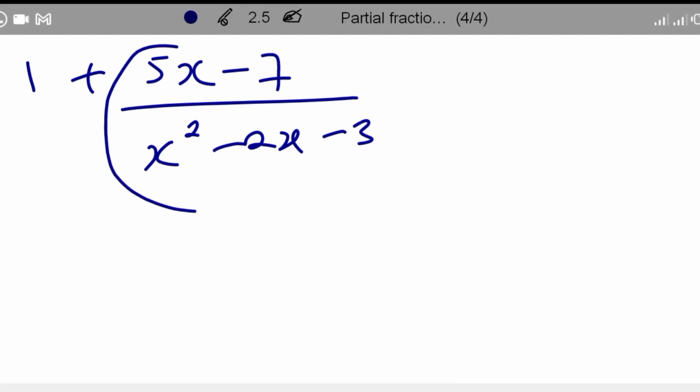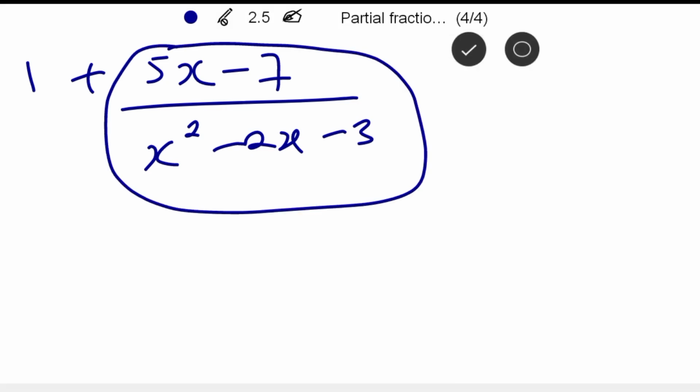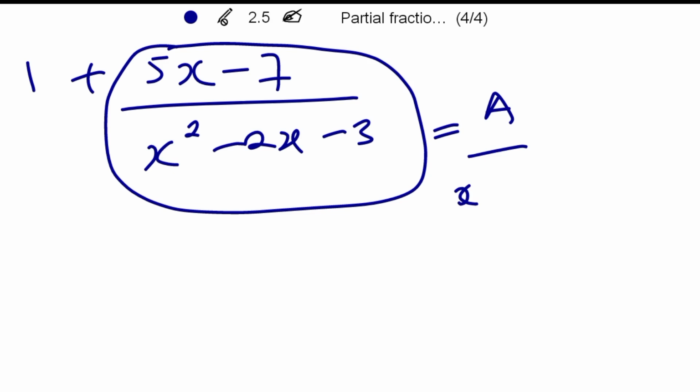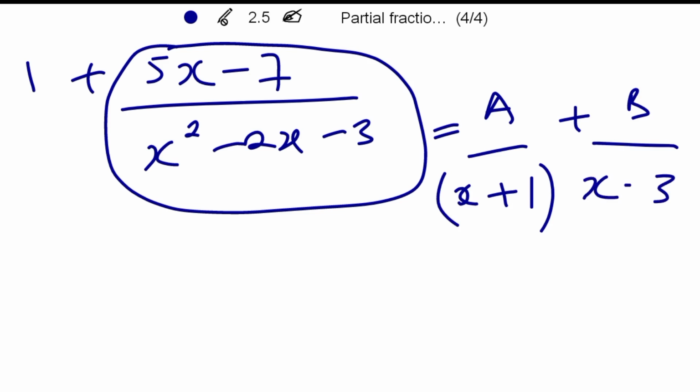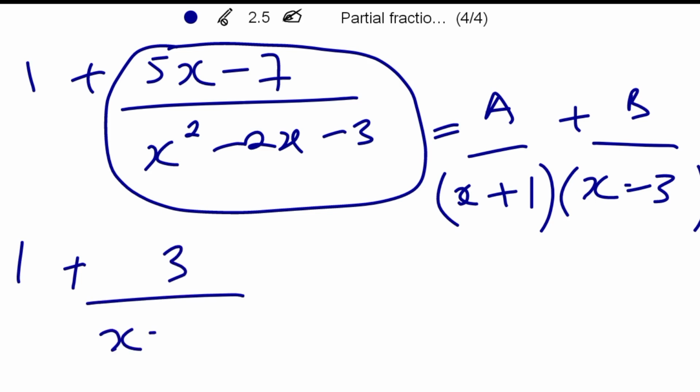And this expression here, we said it becomes a over x plus 1 plus b over x minus 3. That's how we calculated it. So now we substitute the value of a. So it becomes 1 plus this fraction. a has a value of 3, so we substitute 3 divided by x plus 1. Then b has a value of 2, so we substitute 2 over x minus 3.